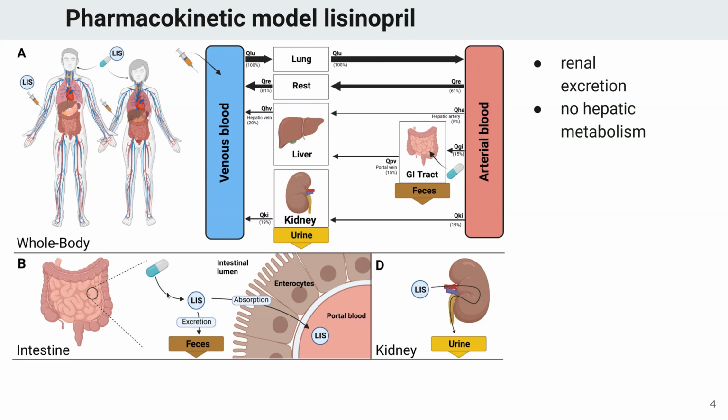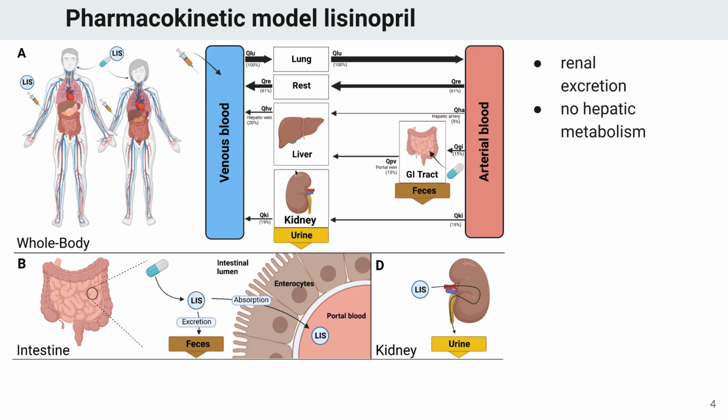The interesting part with lisinopril is that there's basically no hepatic metabolism and also no renal metabolism and also no intestinal metabolism, but the substance is just excreted in the kidneys, or part of it is excreted in the feces. So if you give a tablet of lisinopril, only part of it is absorbed, around 30%. 70% are going directly into the feces.